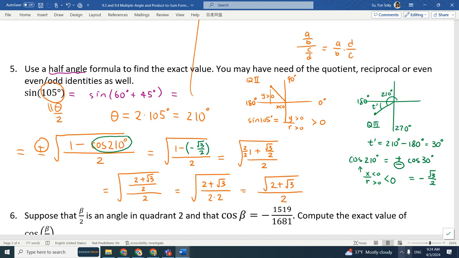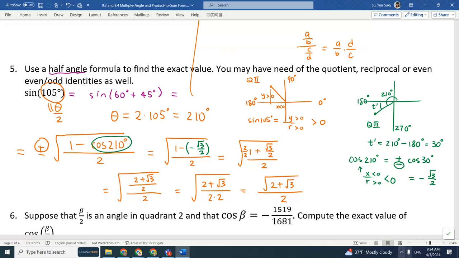You get sine A cosine B plus cosine A sine B. So you get sine 60 degrees, cosine 45 degrees, plus cosine 60 degrees times sine 45 degrees. And you know all those angle values, right? So this method is easier.